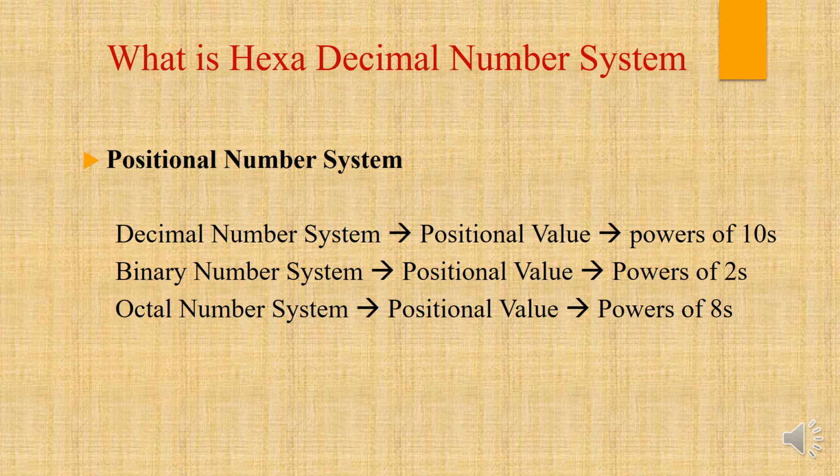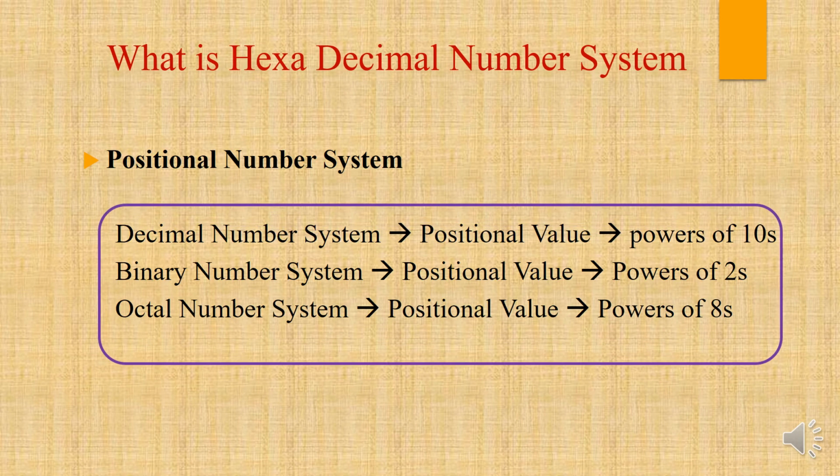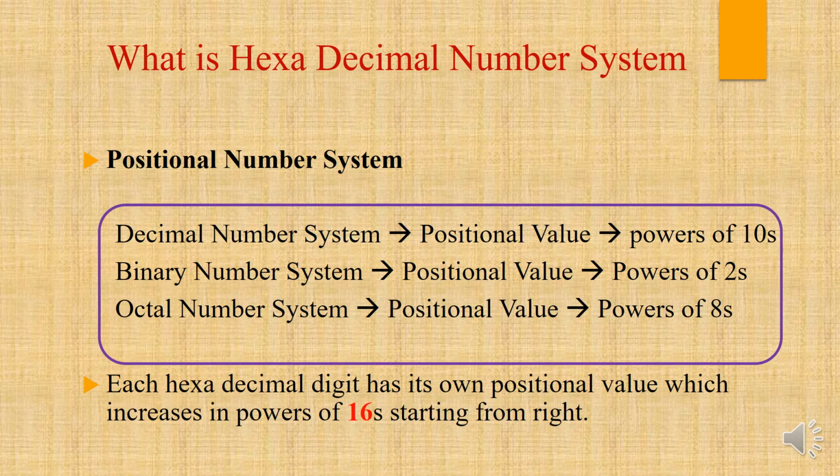In the same way, the hexadecimal number system uses powers of 16, which means each hexadecimal digit has its own positional value, which increases in the powers of 16 starting from the right.